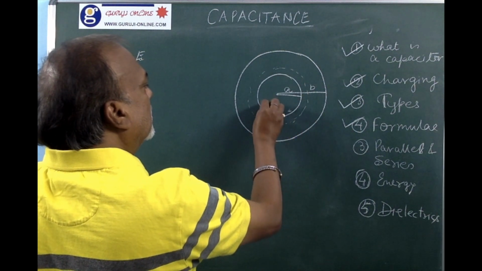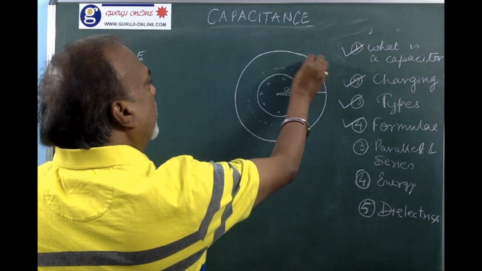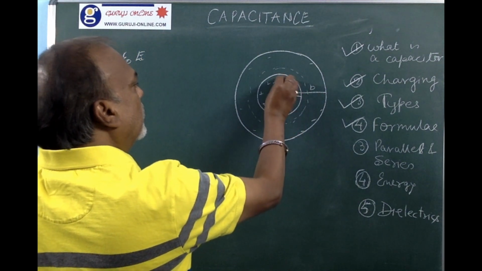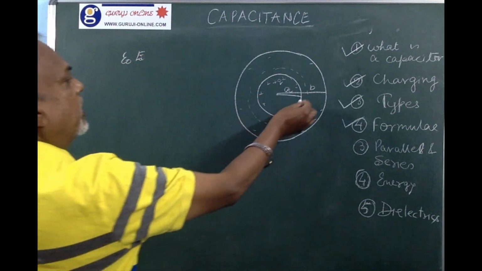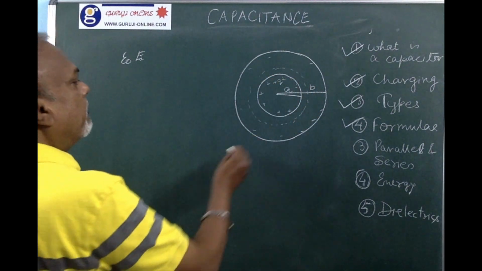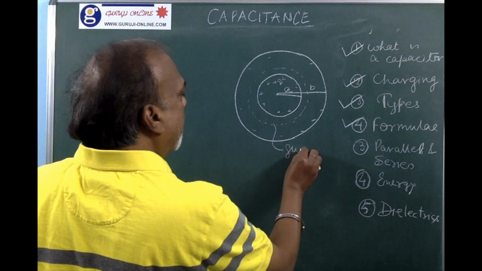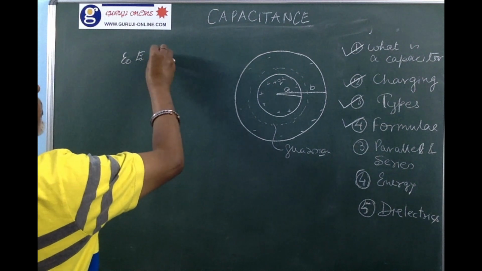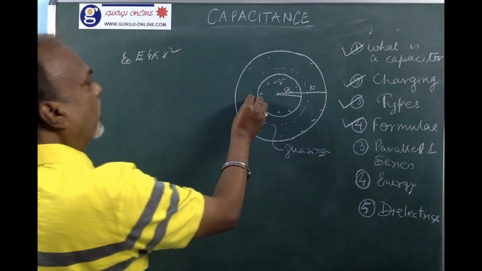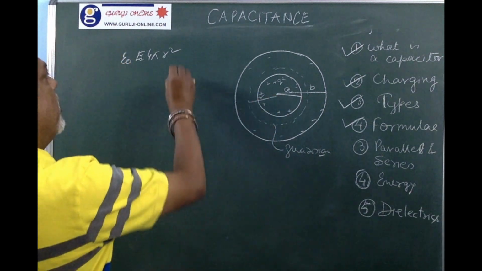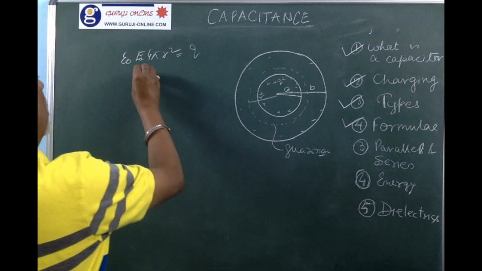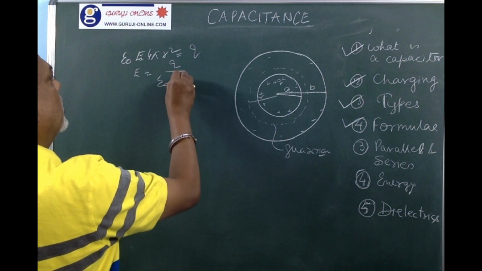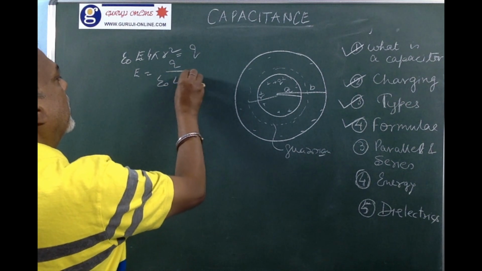This is plus, this is minus, correct? And this is a Gaussian sphere basically. So the area will be 4 pi r square, because this is r. So E will be Q upon epsilon 0 4 pi r square.